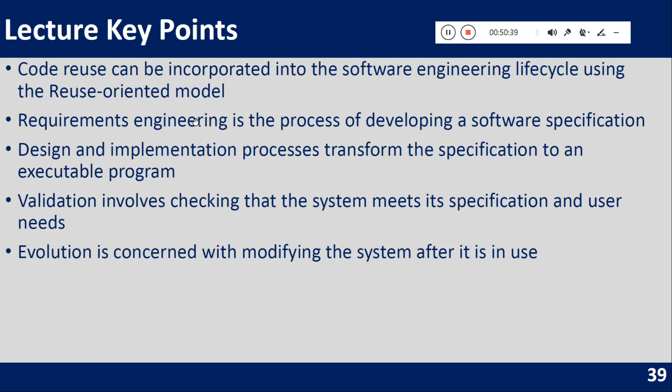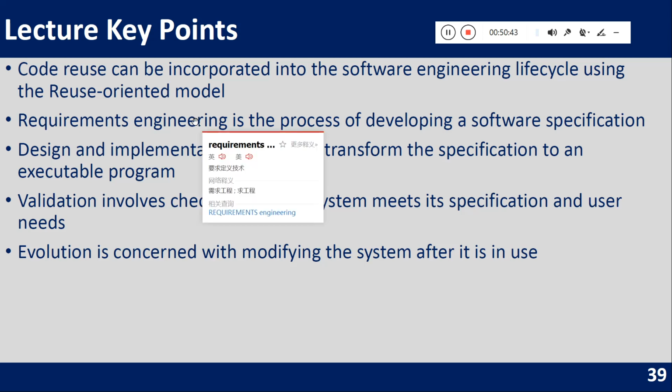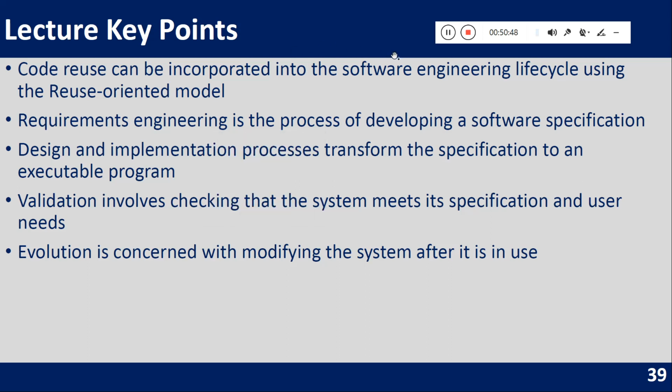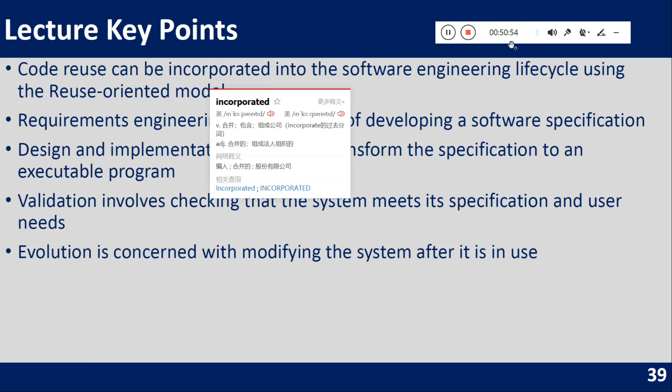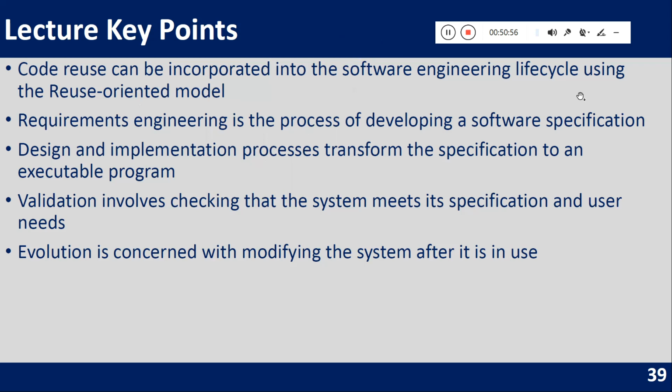And the recap is that code reviews can be incorporated into the software engineering lifecycle using the review-oriented model. Requirement engineering is the process of developing the software specification. Design and implementation is the process of transforming the specification to an executable program.